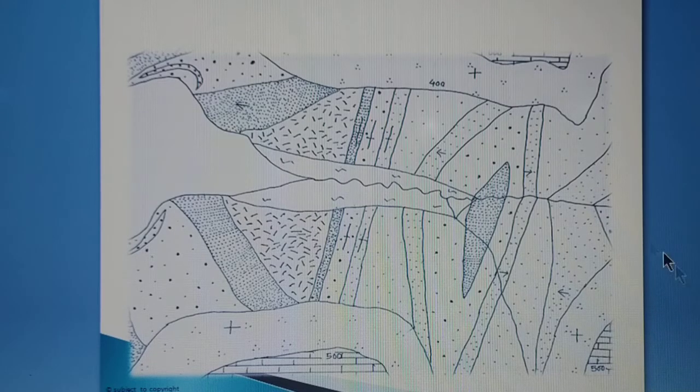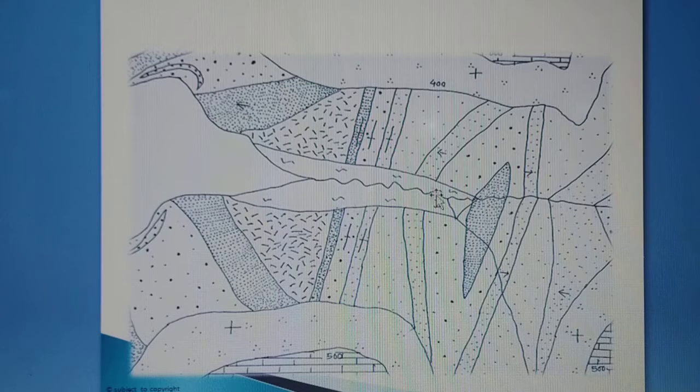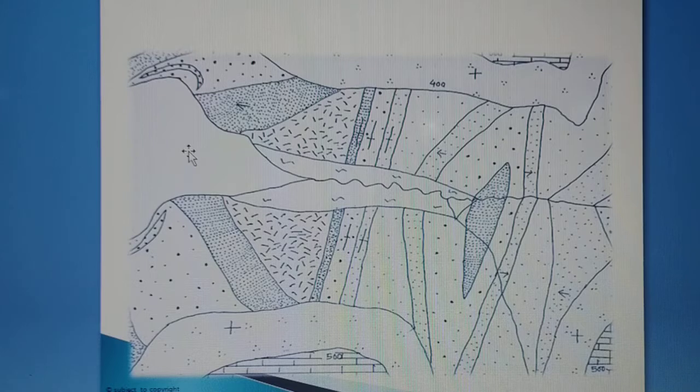Okay, so here no contour exists, and instead some spot heights are given like 400, then 500, then this one is 500, etc. Here you can see one thing, that the river meets this feature. So this is actually a sea or a lake or any water body. These features represent the raised beach, and this symbol indicates the vertical structure, whereas this symbol indicates the horizontal structure.